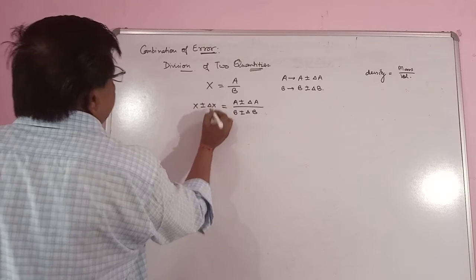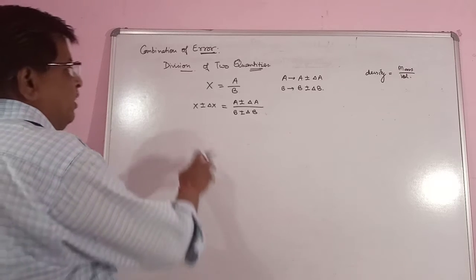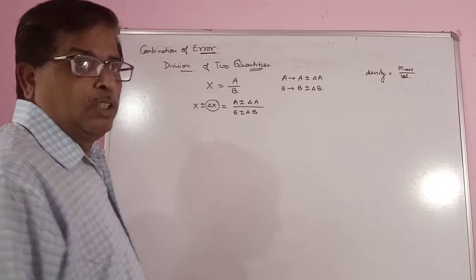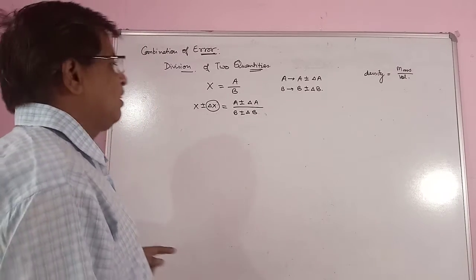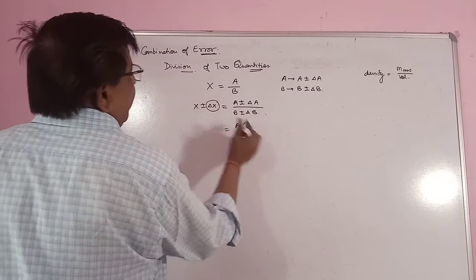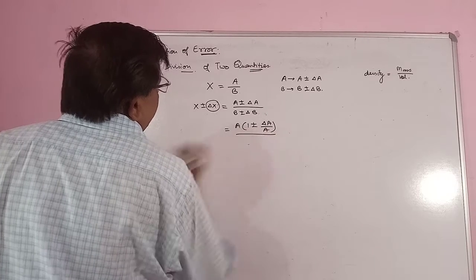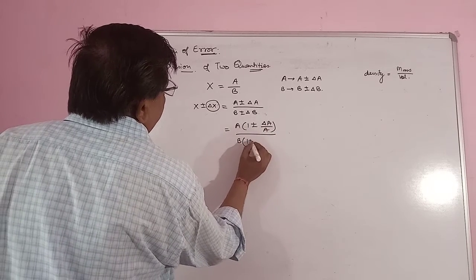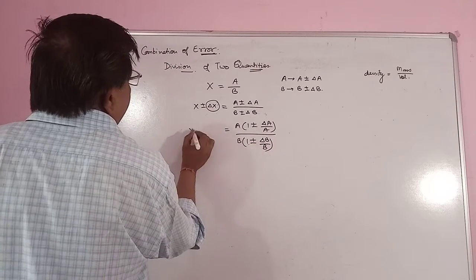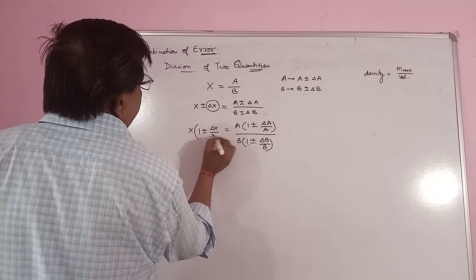To calculate this, we take A common, delta A upon A, divided by 1 plus minus delta B upon B. From here we can take X common, 1 plus minus delta X upon X.